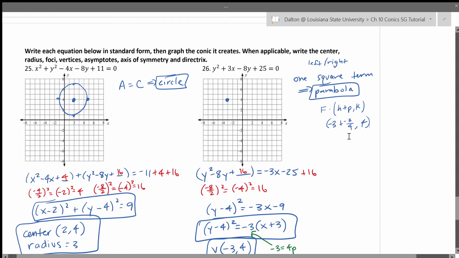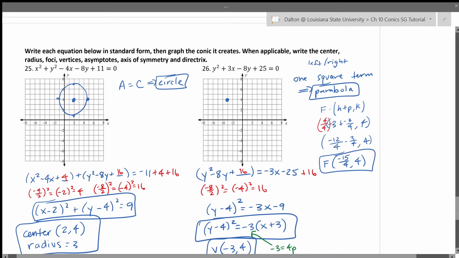If I want these to have common denominators of 4, I'm going to multiply negative 3 times 4 over 4, which will be negative 12/4 minus 3/4, comma 4. So when I simplify one more time, I get my focus is going to be (negative 15/4, 4). So that's the focus.